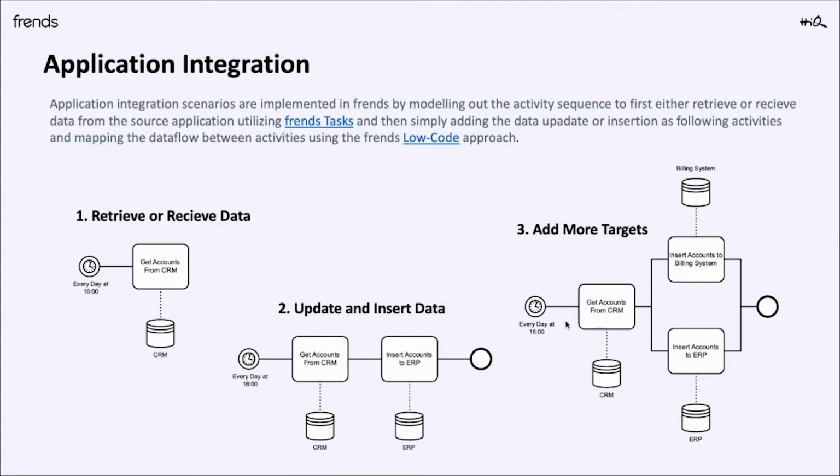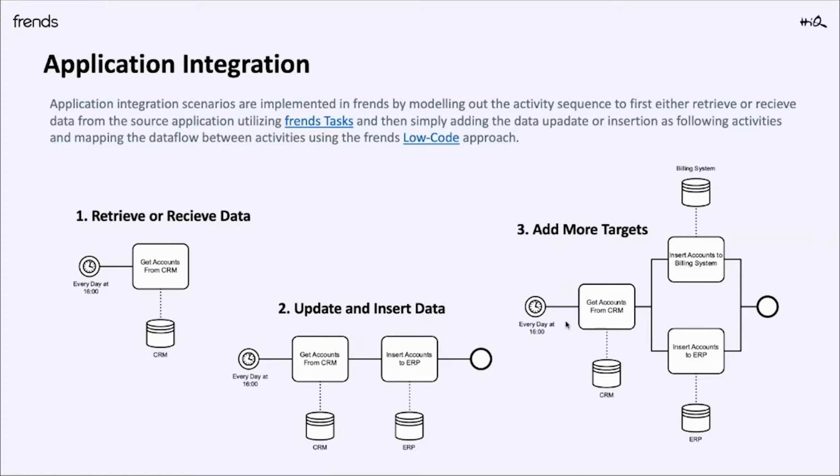So we read the data from CRM, and after that, we have an enterprise resource planning system where we insert the data. These different kinds of tools can have different mechanisms for how to integrate. The first one can have a basic SQL server where we make SQL queries. After that, we can utilize a modern REST interface to interact with the ERP system. And in general, we can have more and more targets where to add the information.